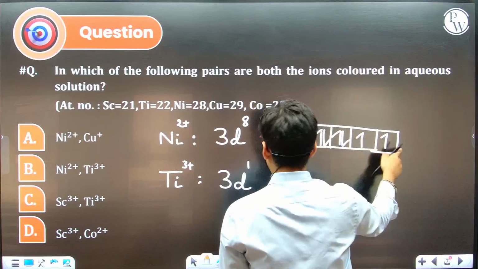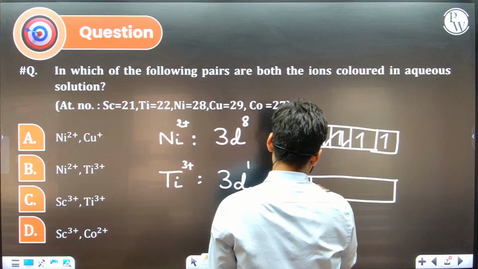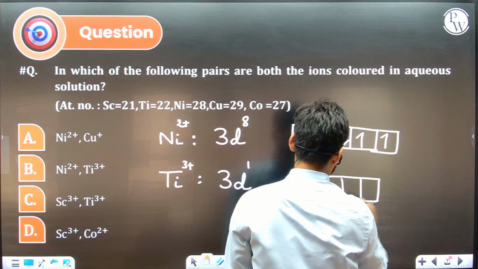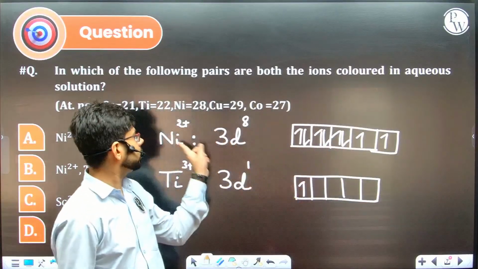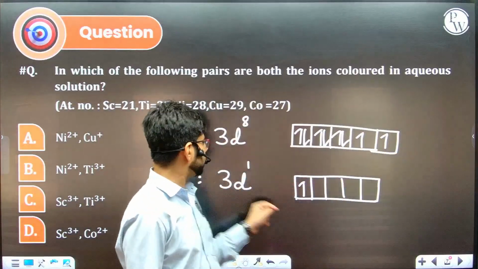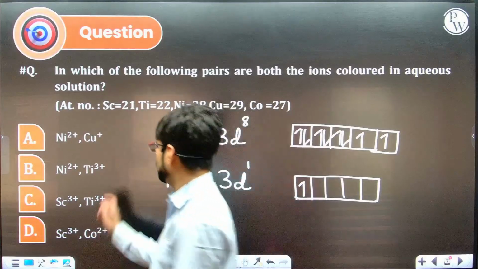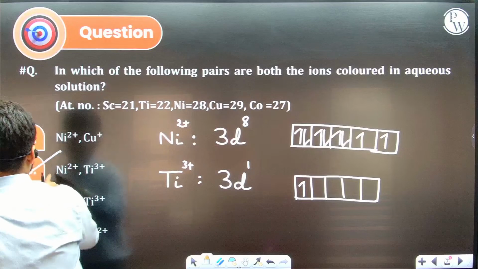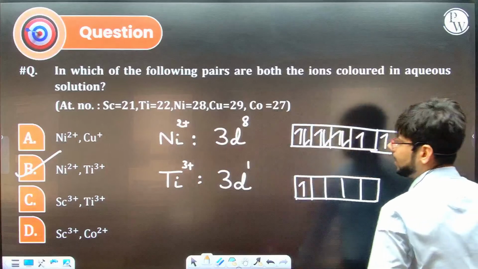So these are unpaired electrons, and similarly for 3d1 also. In Ni2+ there are 2 unpaired electrons, and in Ti3+ there is only 1 unpaired electron. So yes, we have unpaired electrons, and hence these ions will be colored. Both Ni2+ and Ti3+ will be colored because of unpaired electrons.